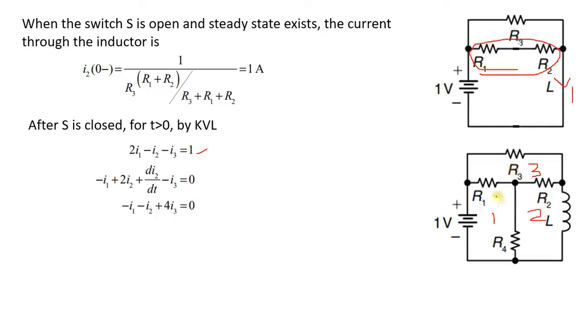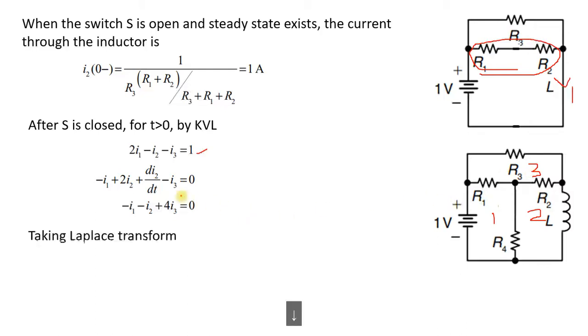And for the third loop, it is minus I1 minus I2 plus 4 I3, which is equal to 0, because R1, R2 and R4 are 1 ohm and R3 is 2 ohm. Just using the inspection method you write the equations.